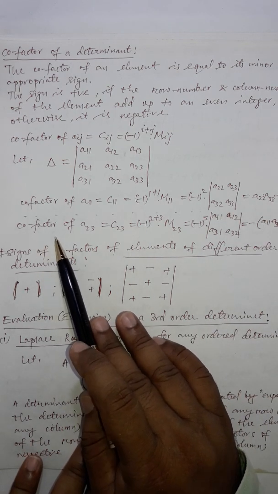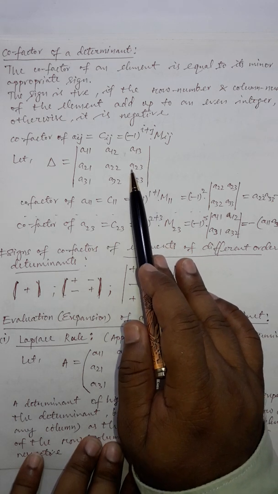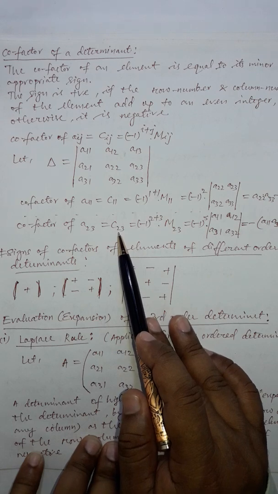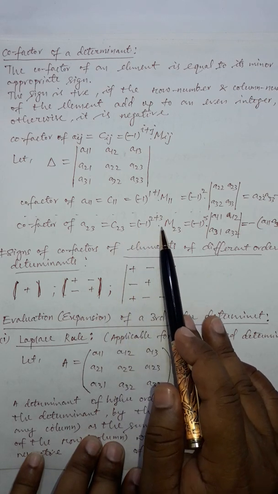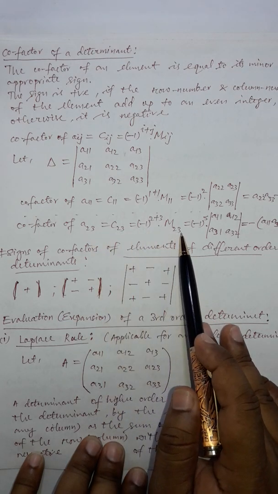Similarly, the cofactor of another element, let us take say a23. The cofactor of a23 is symbolically written as C23, which is equal to minus 1 to the power 2 plus 3 into its minor M23.